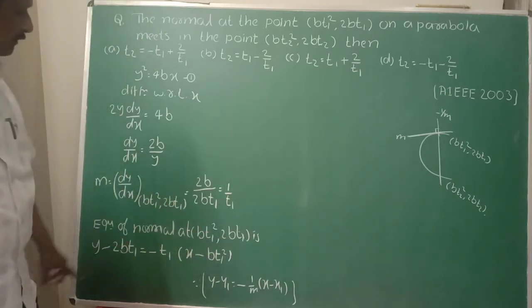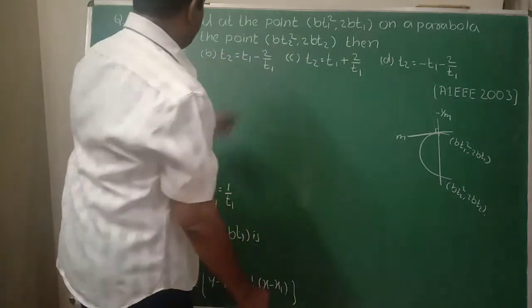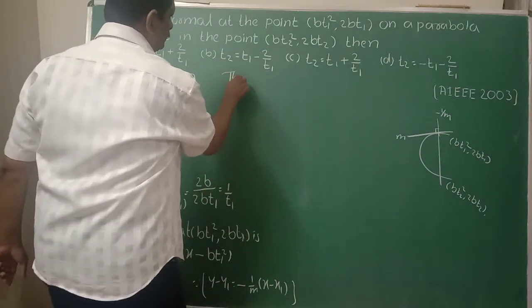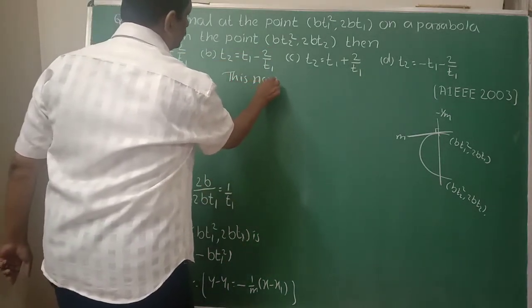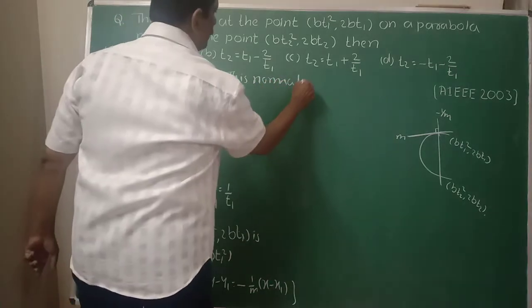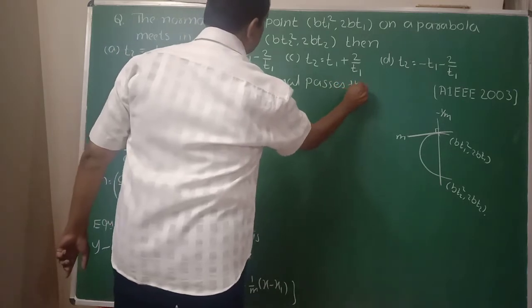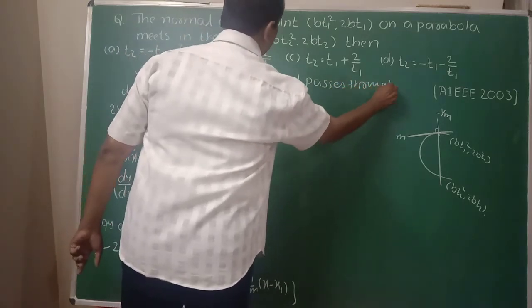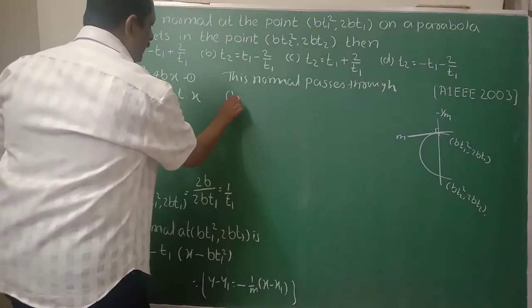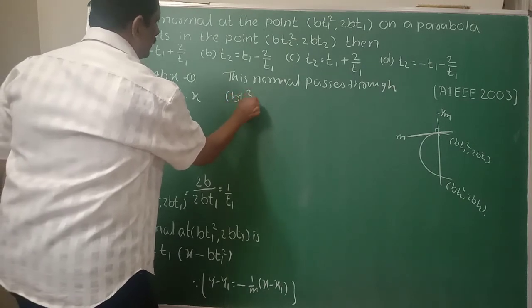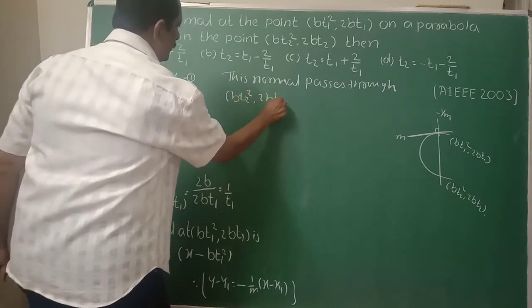Then this normal passes through one more point, bt2 square comma 2bt2.